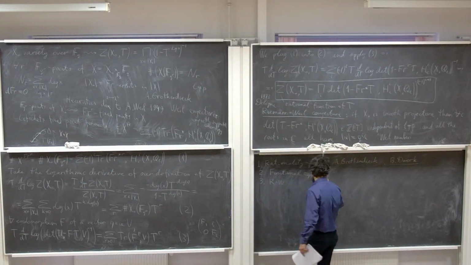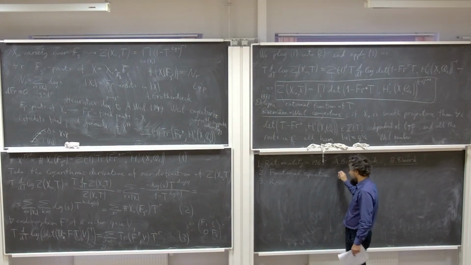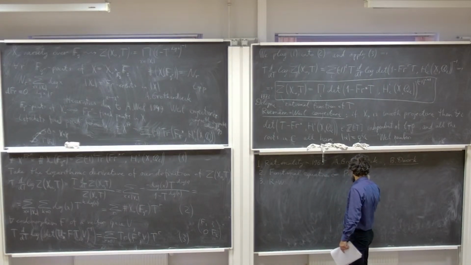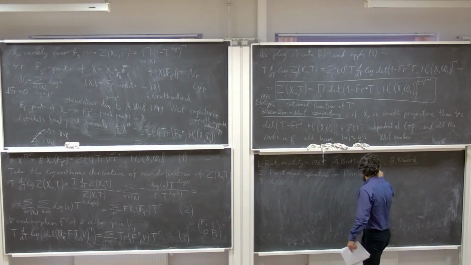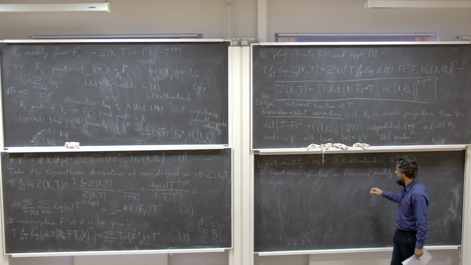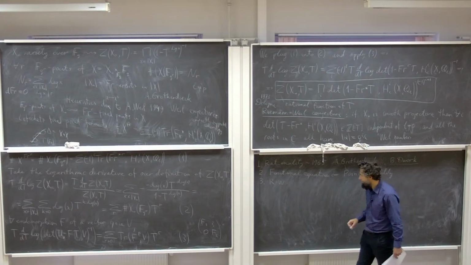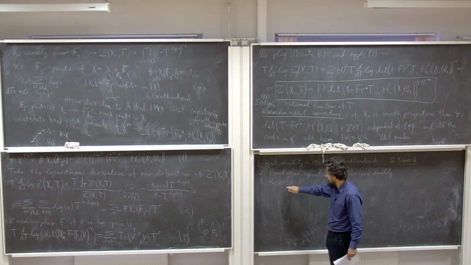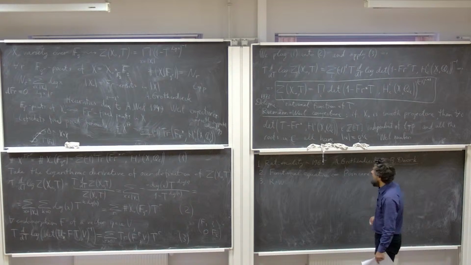And then it also immediately follows from the Poincaré duality. So it was also developed by Grothendieck, and this was accomplished by Deligne.